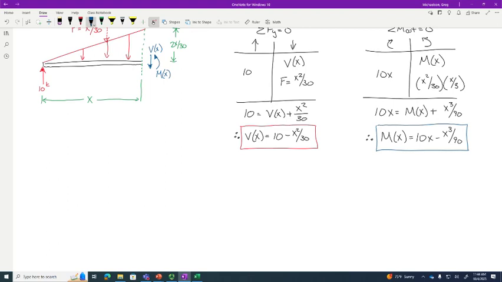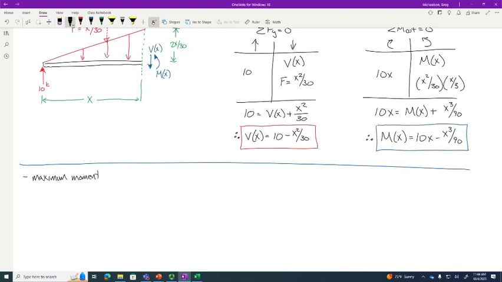So, how about this? Maximum moment. Mmax occurs where the derivative is 0.